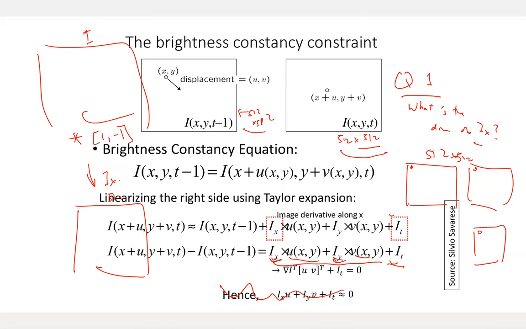Let me remind you what we have. If we have an image and we apply a derivative filter, it will be similar to a high pass filter in the x direction, so it is going to detect some edges.